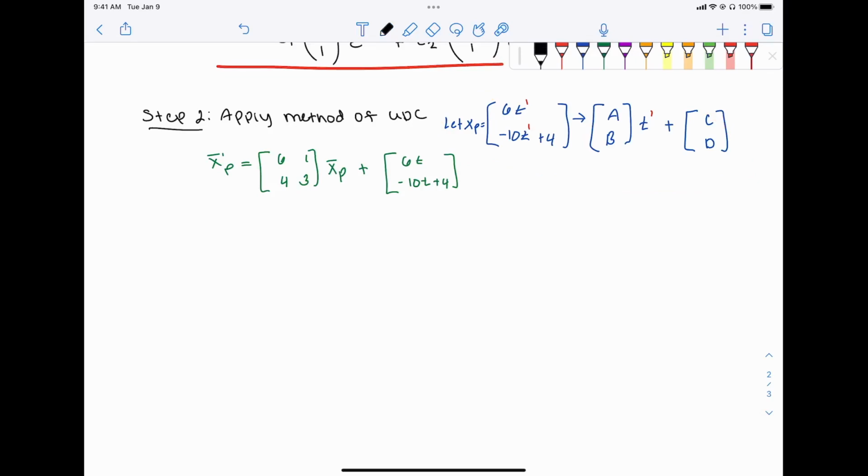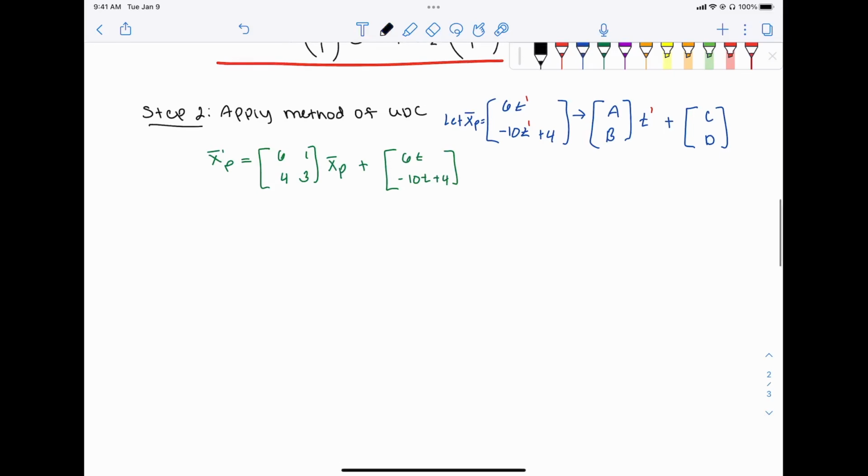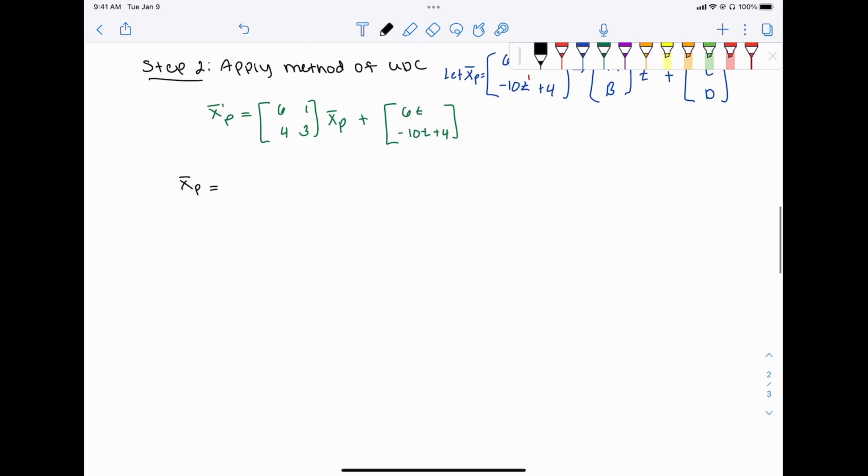So now what we can say is we need to take this x of p and find the derivative of it. So I'm just going to rewrite it here. Well, we said that we're going to let it be equal to something that hopefully looks like this.